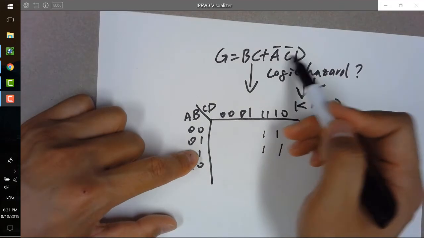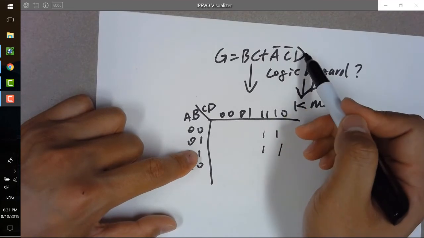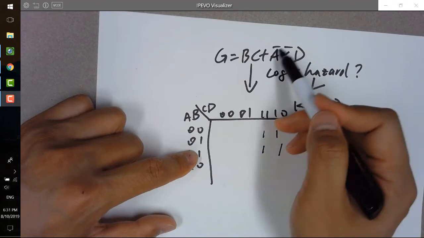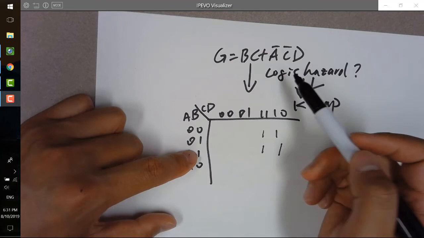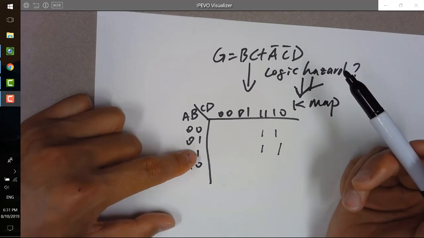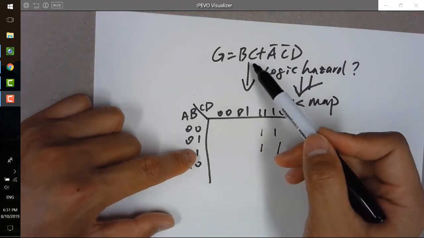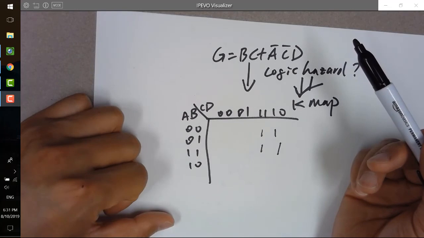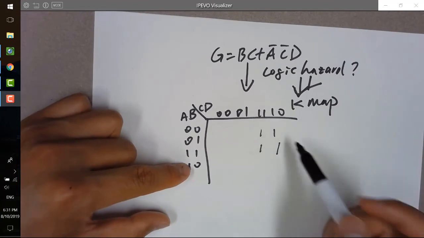And also for this one, you have to have A bar, C bar, D to be 1 at the same time. Oh, actually, they can be zeros, I think. Let me see. So when BCs are 1s, okay, yeah, that's right.